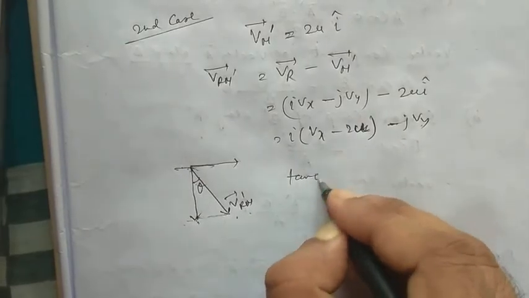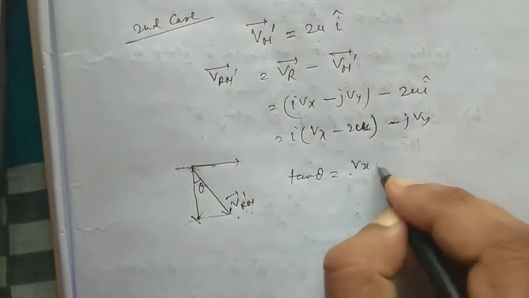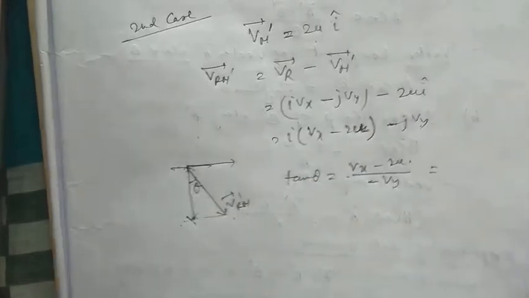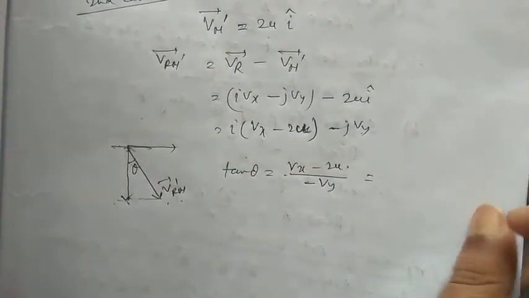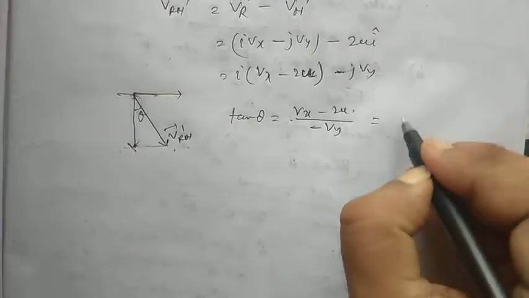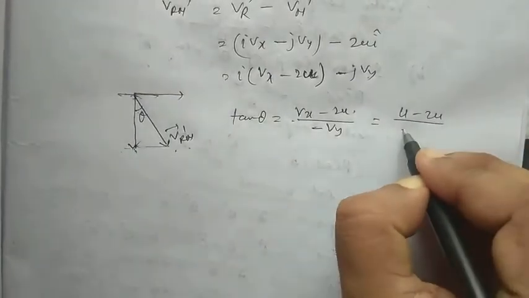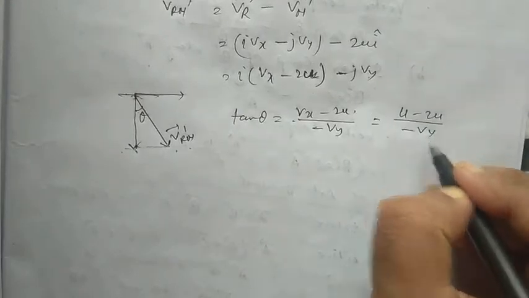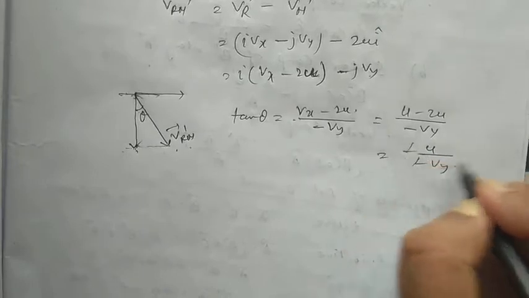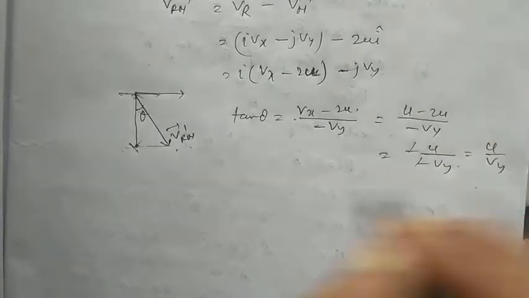So tan theta is equal to, the x component is Vx minus 2u, this is minus Vy. So what was the original value of Vx? It was u. So we replace Vx as u minus 2u by minus Vy. It comes out to be minus u by minus Vy. Negative sign cancels out. It is u by Vy.